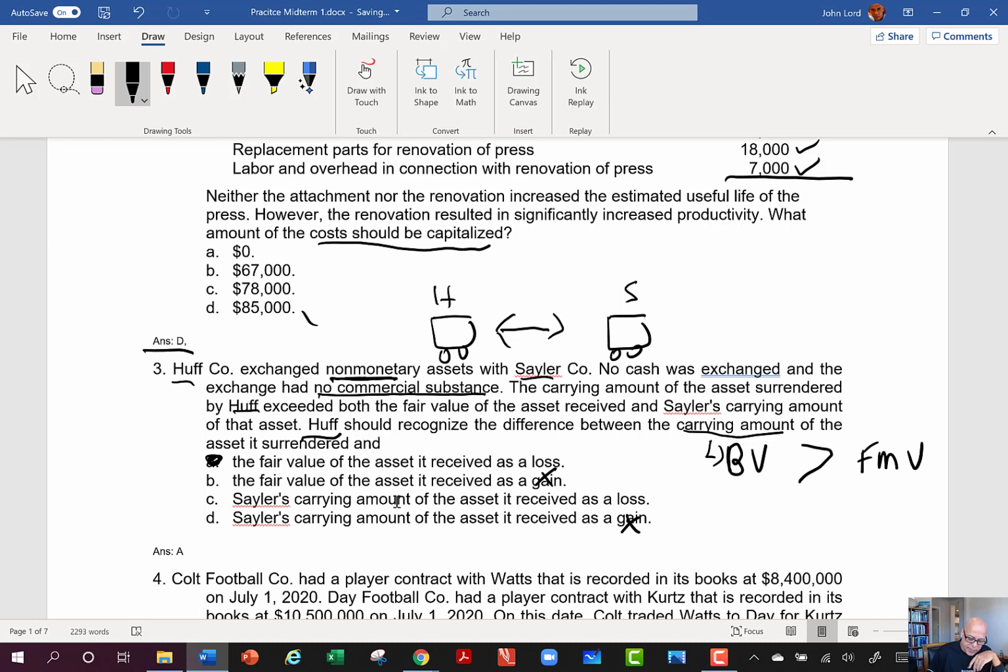Yes, that's the case. That's going to be the loss because they tell us in the problem that the book value is more than the fair market value. We really didn't need to look at that because we know that there are no gains in a transaction lacking commercial substance, and it's all about what is being carried on Huff's books. What is being carried on Sailor's books is of no consequence. Okay? Okay, good.